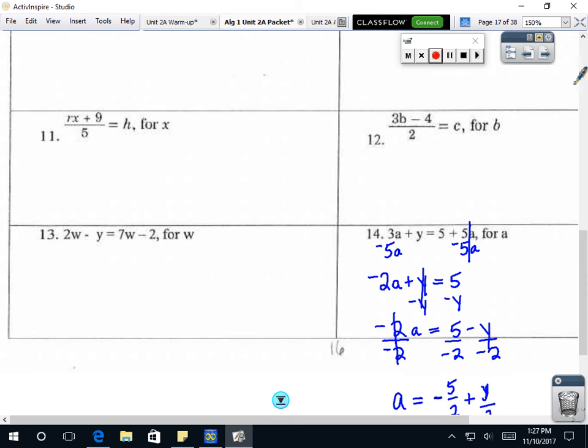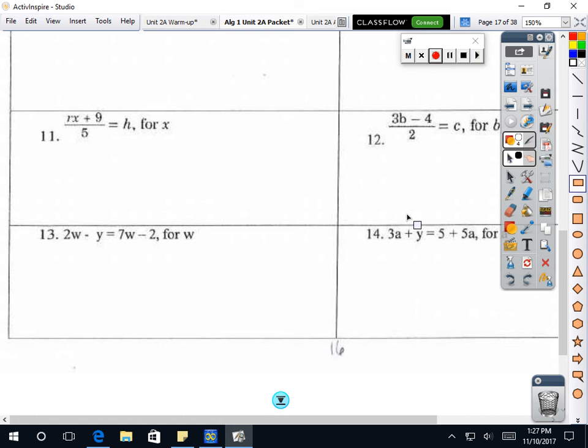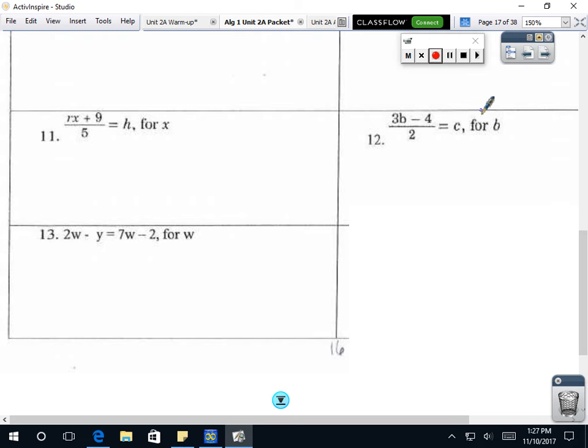All right, number 12. Okay, we have 3b minus 4 over 2 equals c, and they want you to solve it for b. So b wants to be all by itself, so we got to get rid of the 3, the 4, and the 2. What do we move first? Right, we multiply by 2 on both sides.